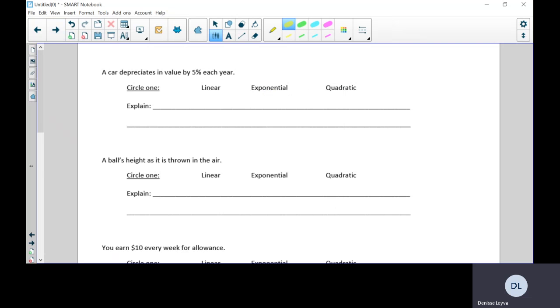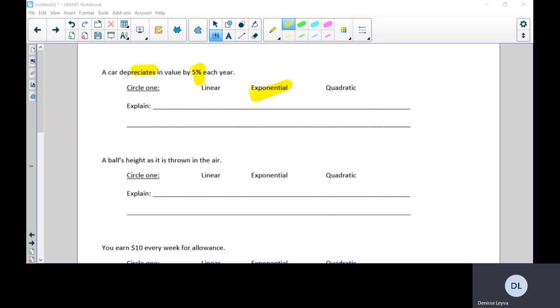Now, keywords, at least for me, are words like depreciate and especially percentage. When we talk about percentages, we will always be talking about exponential functions. The reason why it is exponential is simply because it's going to be depreciating every single time.